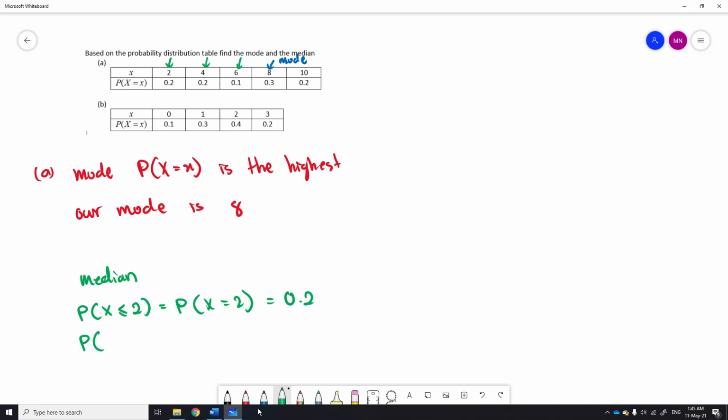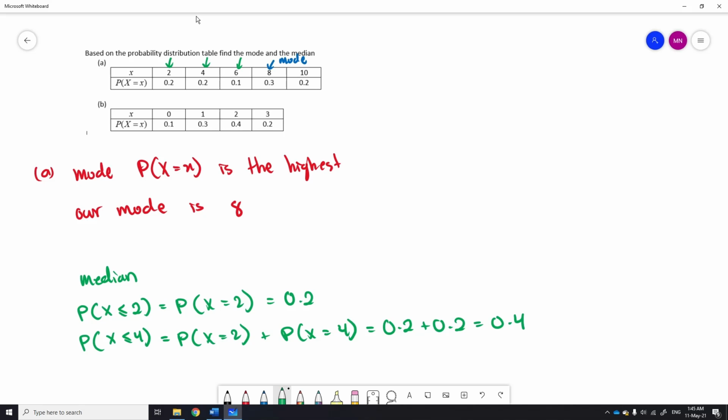We have to go to the next stage until we reach 0.5. The next value of x after 2 is 4. So x less than or equal to 4 is the probability of x equal to 2 plus the probability of x equal to 4. So that will be 0.2 plus 0.2, which is 0.4. Not yet 0.5.